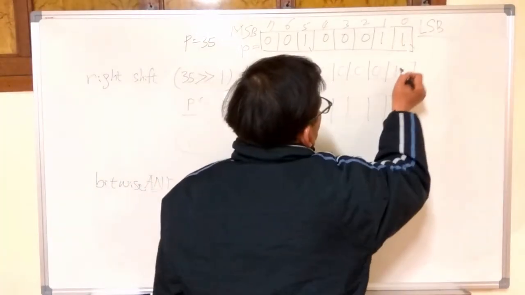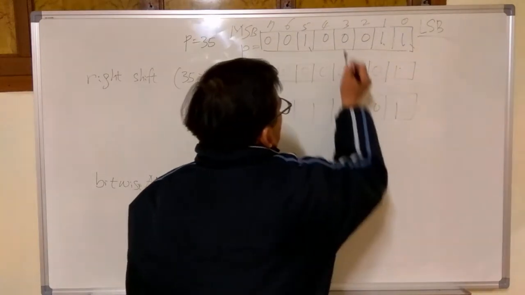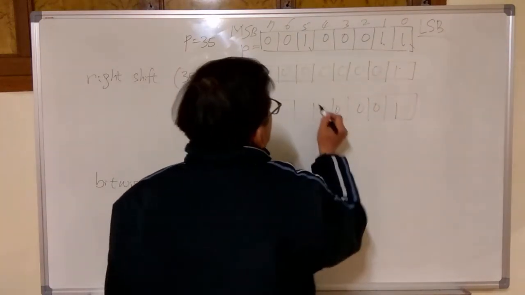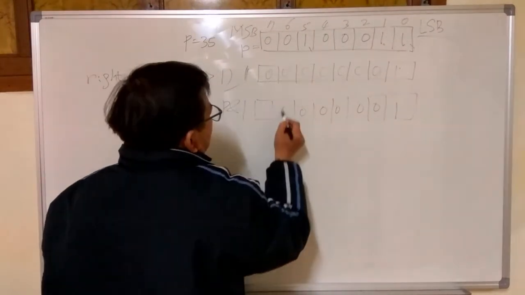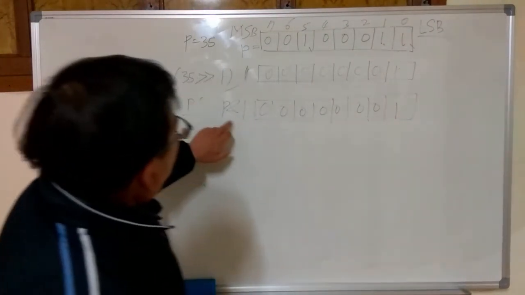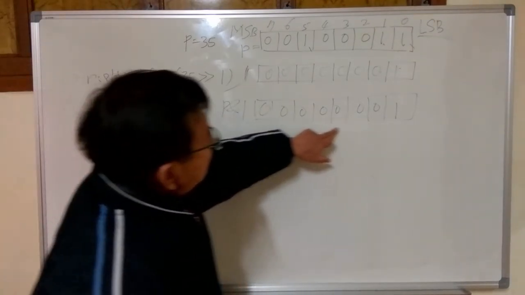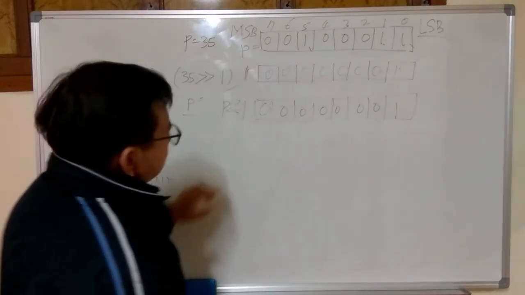So effectively, this is the P and 1 operation, bitwise operation. The result is something like this.